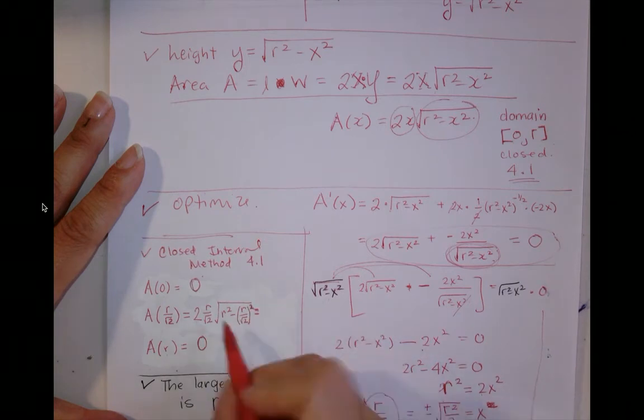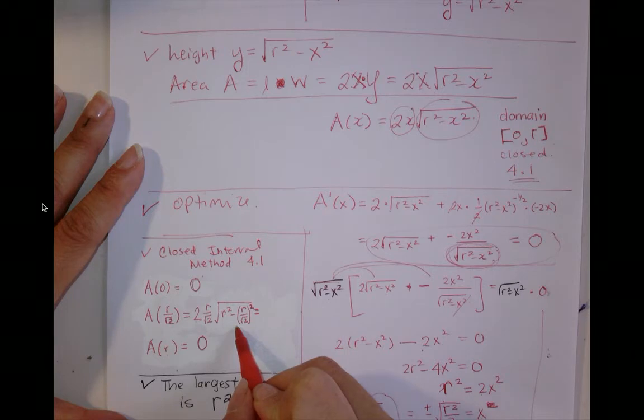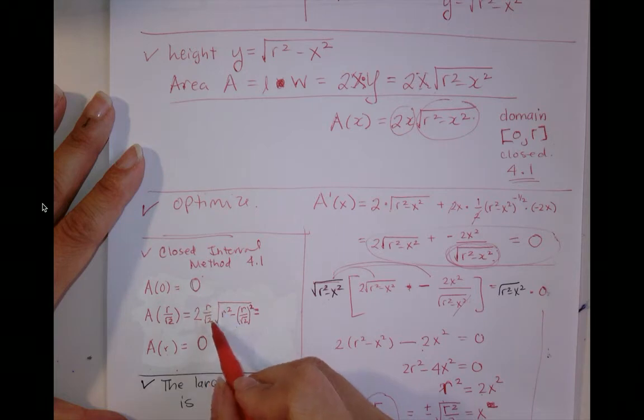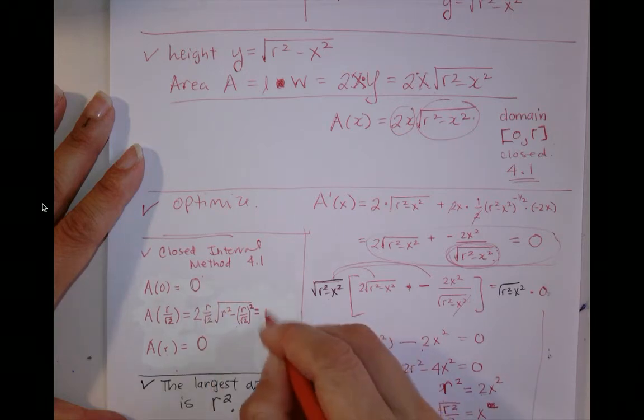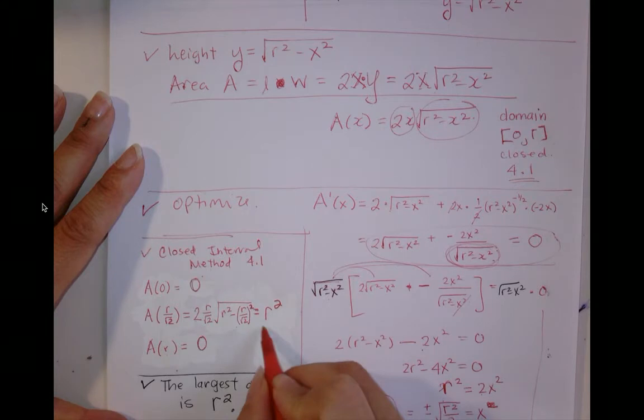This gives us the square root of r squared over 2. If I take the square root, I get r over root 2 times r over root 2, which gives me r squared over 2. R squared over 2 times 2 gives me r squared. So this is actually what we were asked for: the area of the largest rectangle. When area is maximized, this is the area that we get.